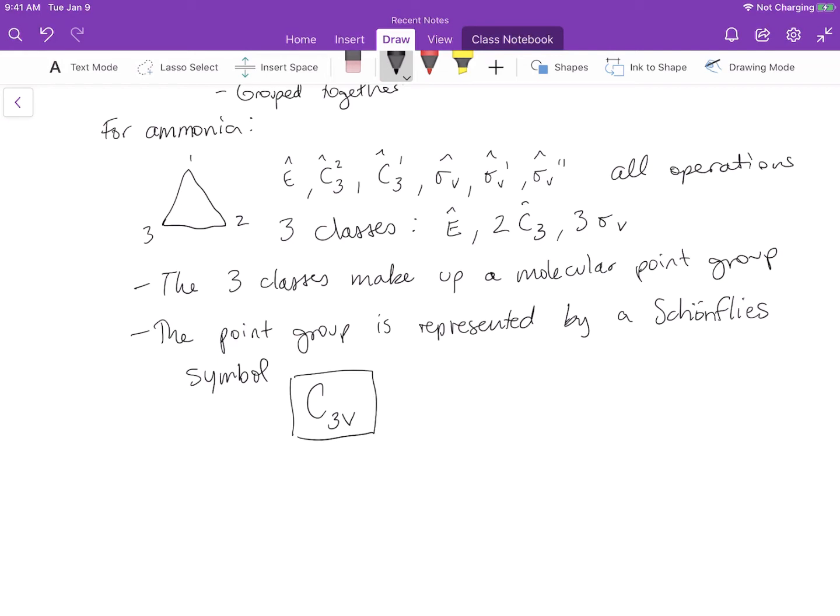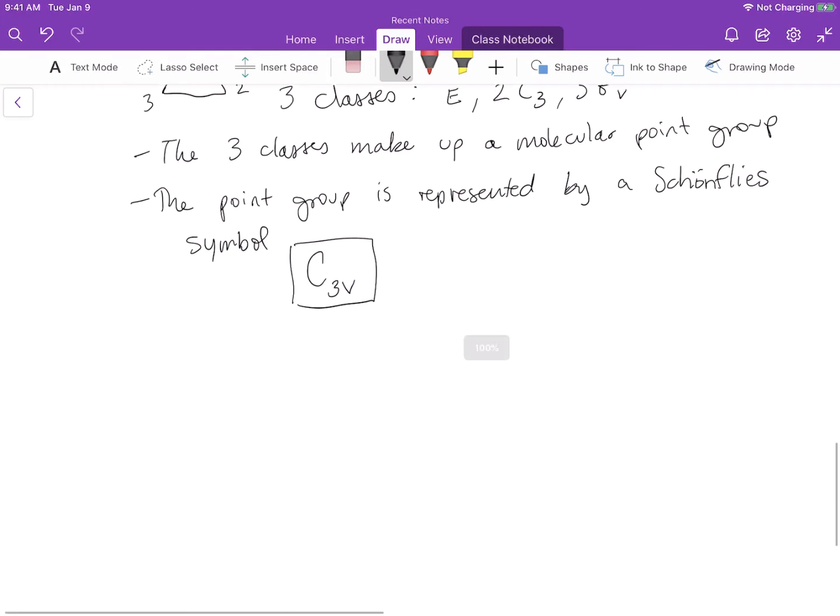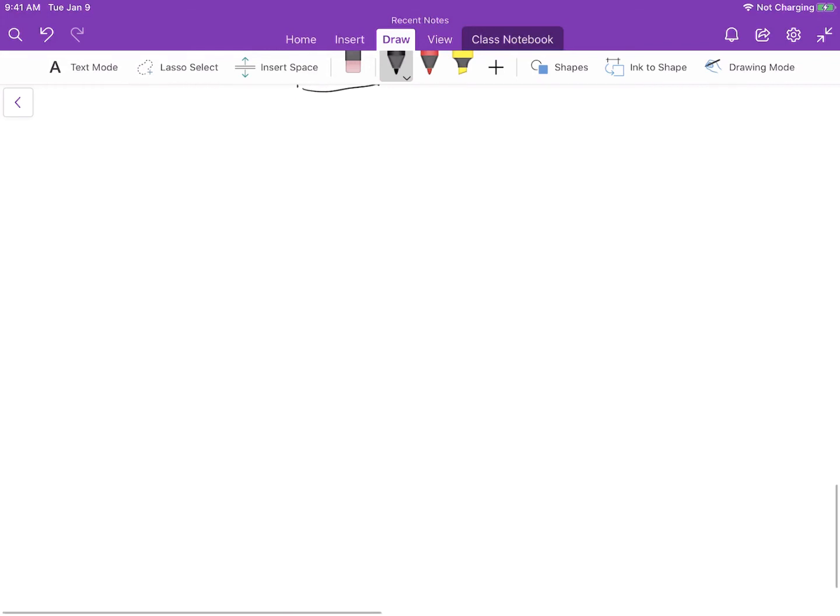And so now I'm going to go through all the different groups, and then after that you'll learn how to assign groups for specific molecules. I won't go through absolutely every group, but I'm going to go through most ranges. So some have one symmetry element. We've talked about this one.